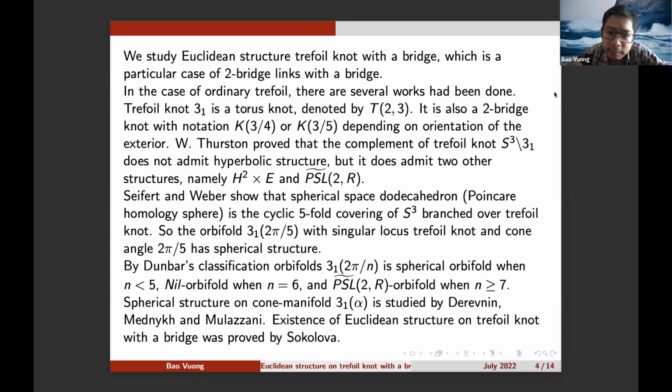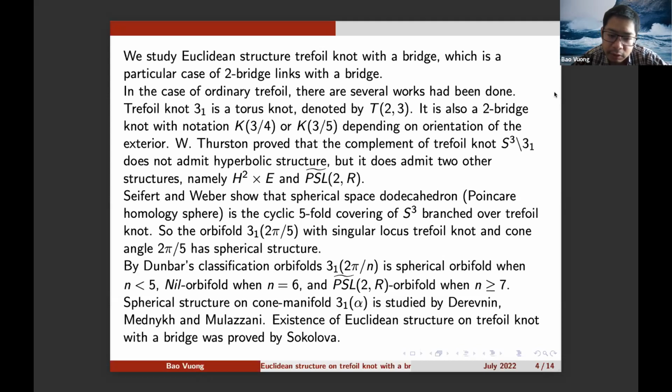Johnson proved that the complement of the trefoil knot does not admit a hyperbolic structure, but it does admit two other structures, namely H^2 x R and the universal covering of the Lie group PSL2R. Seifert and Weber showed that the spherical dodecahedral space, or Poincare homology sphere, is a cyclic five-fold covering of the three-sphere branched over the trefoil knot.